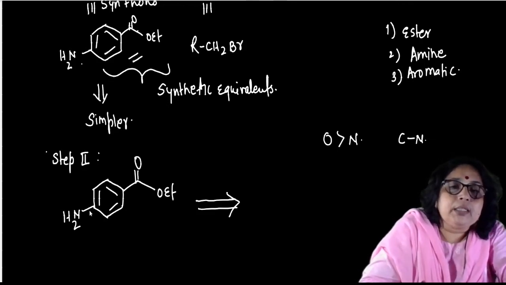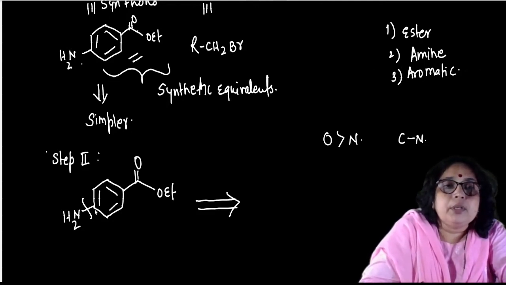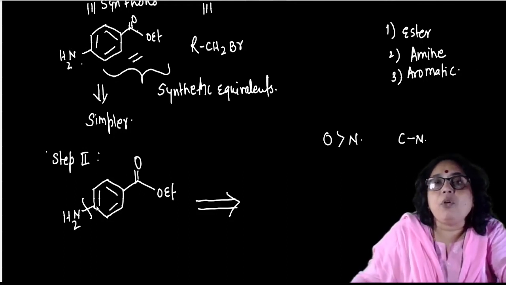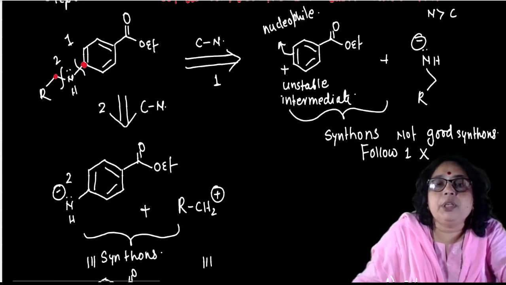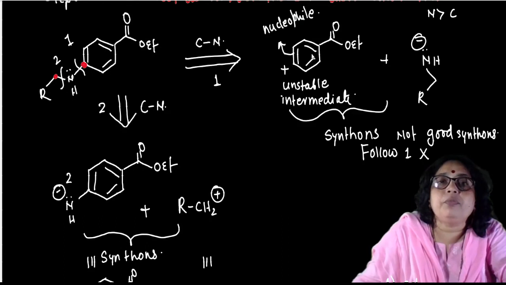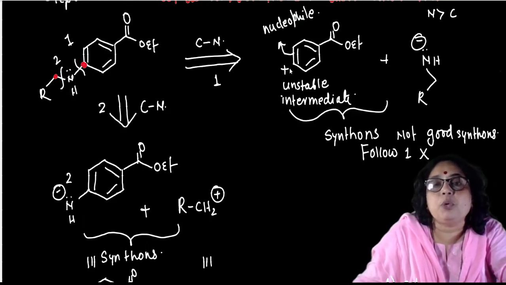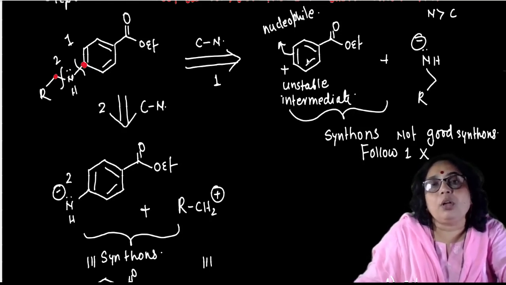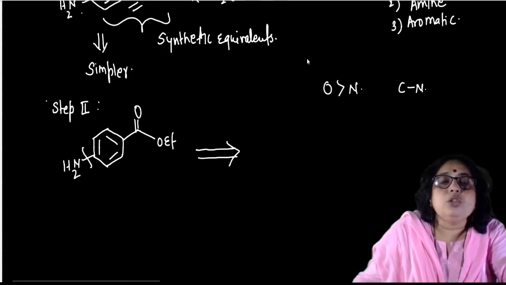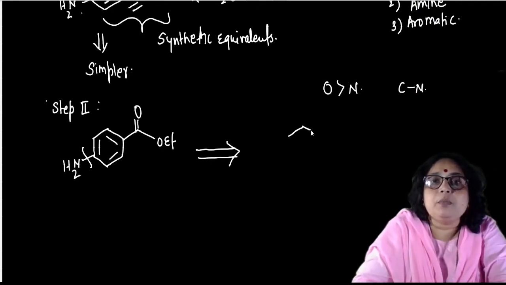But if I put a cut over here, what will develop? The positive charge will develop on the ring, and we have already discussed the stability of the intermediate of the aromatic ring when it has a positive charge. So the aromatic ring having a positive charge is always an unstable intermediate.